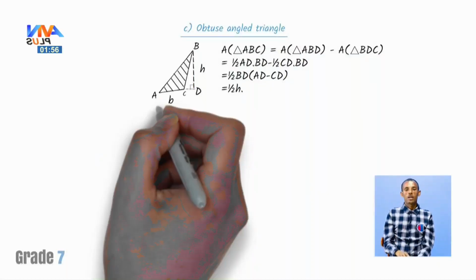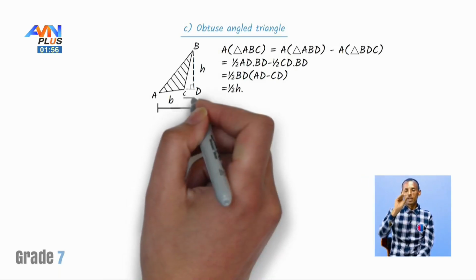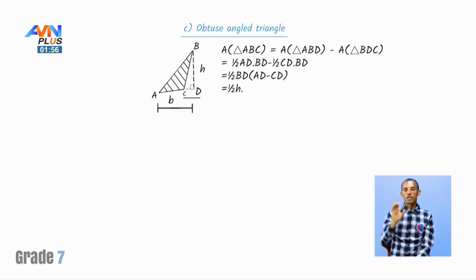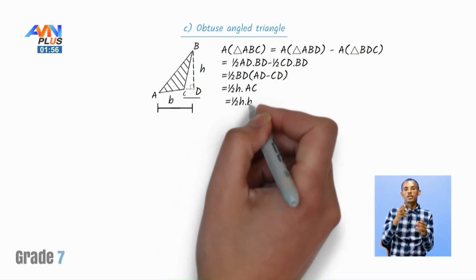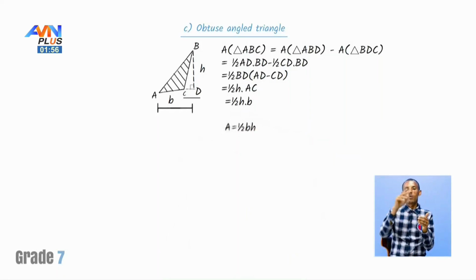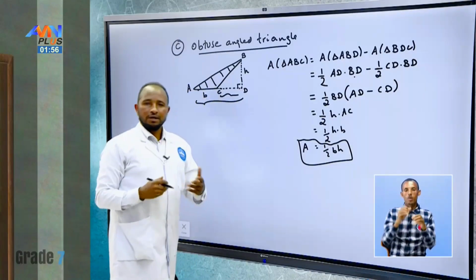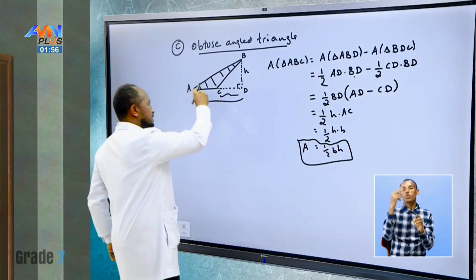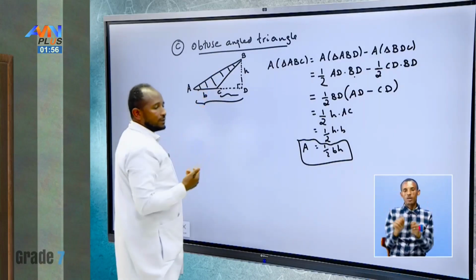From AD, if you subtract CD, you will have AC. So AC is the base. Therefore, the area of this triangle will be half times base times height, or I can write area is half BH. Therefore, to calculate the area of an obtuse angle triangle, you can use its base and the altitude, which will be outside of the triangle. So using these two, you can calculate its area.